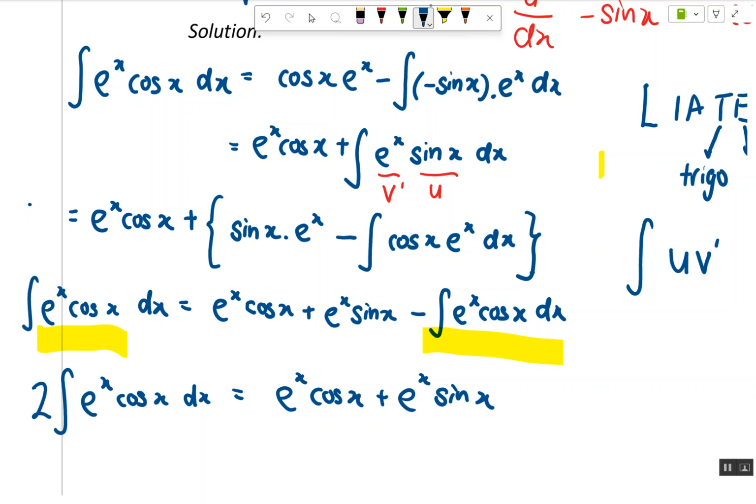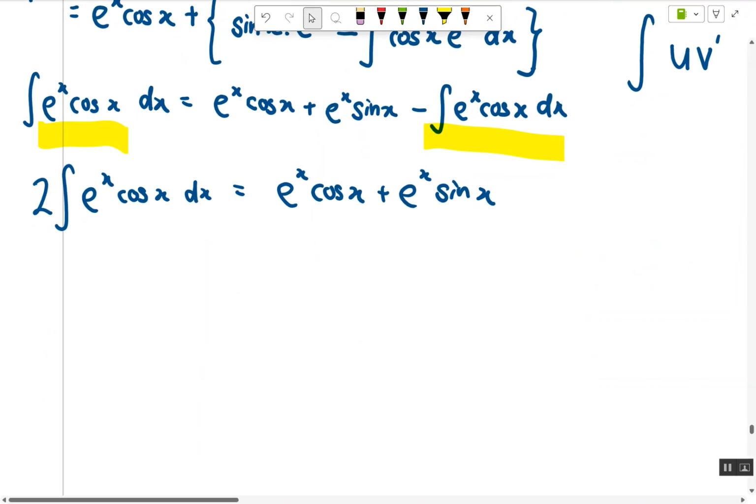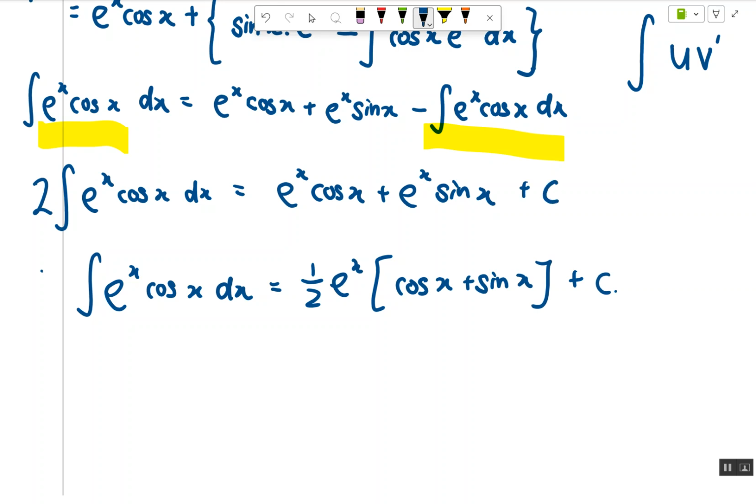So if 2 of the integral of this is equal to these two, the final answer is that the integral of e to the power of x cosine x, which is the question you're looking for, is half of e power x, let me factorize out e to the power of x to make it nice, cosine x plus sine x. And then let's have an arbitrary constant behind.